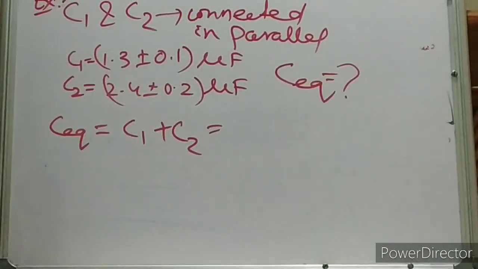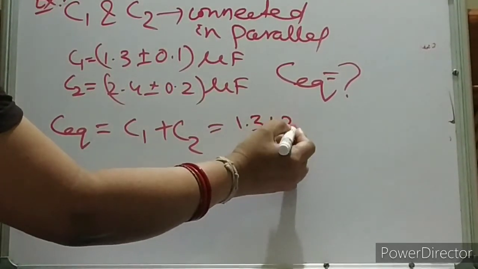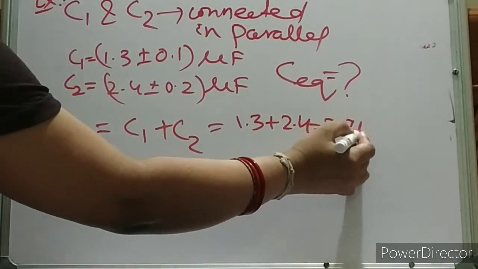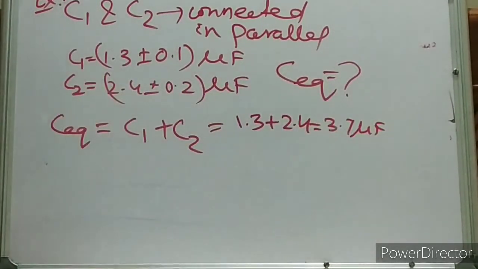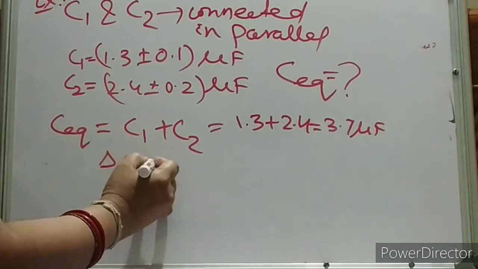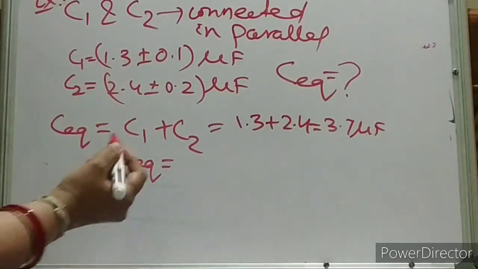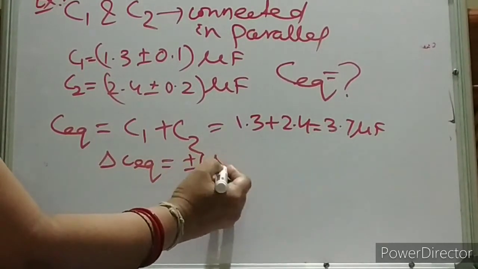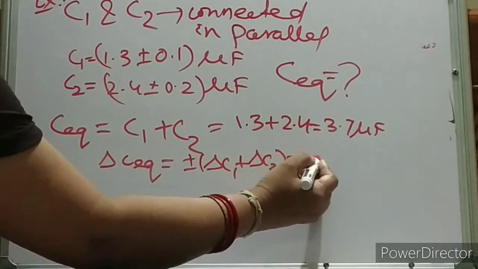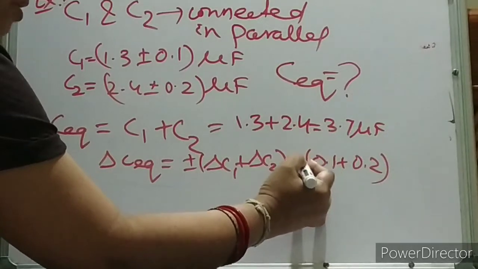See, it will be 1.3 plus 2.4 is 3.7 microfarad. Okay, what is delta C equivalent? What is the maximum error? It will be plus minus of delta C1 plus delta C2, that is 0.1 plus 0.2.